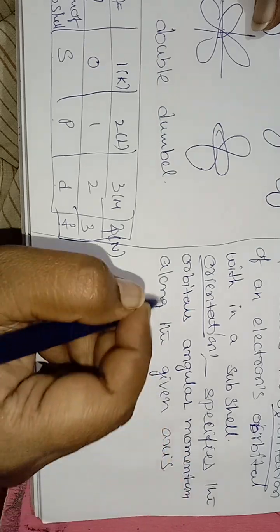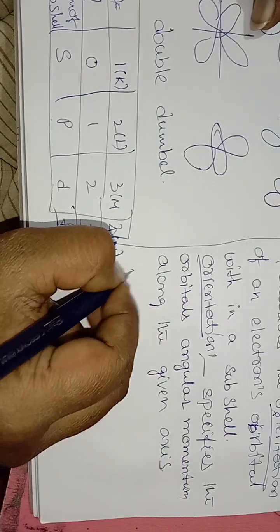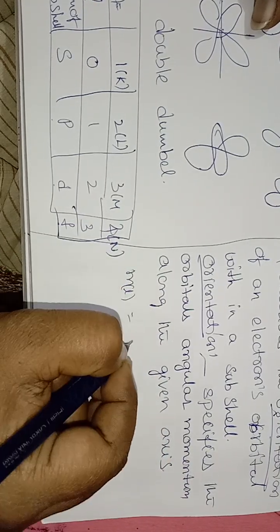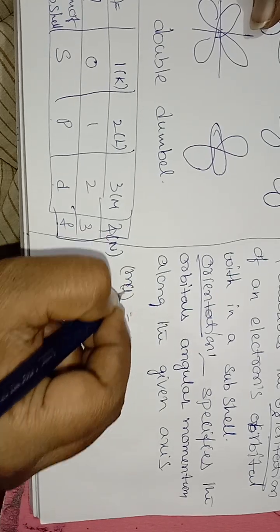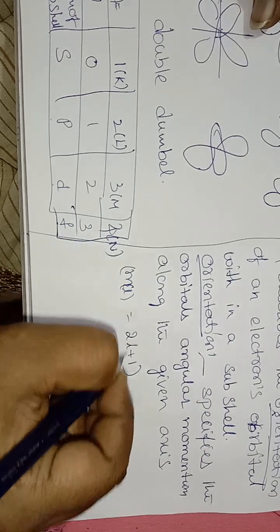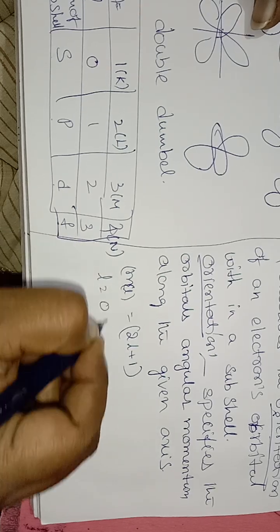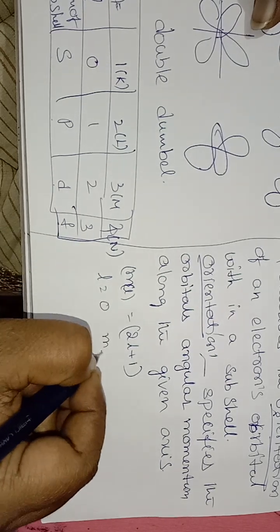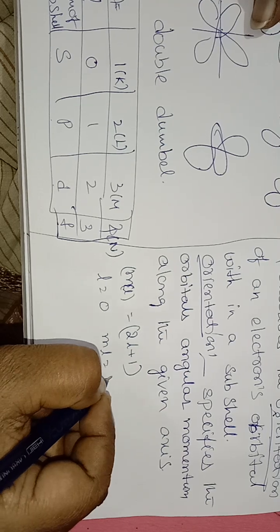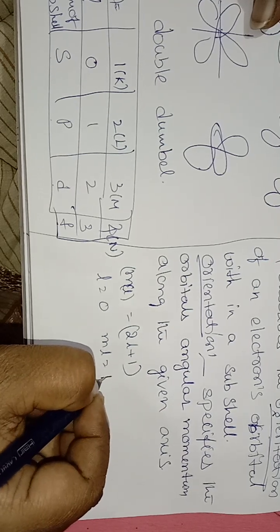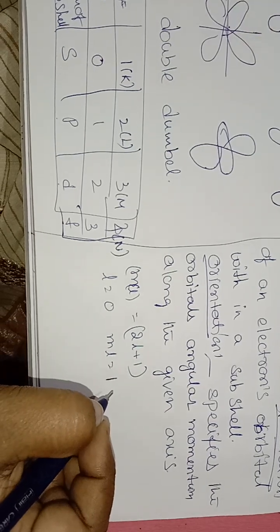So ml values are taken by the formula 2l plus 1. If L equals 0, what is the ml value? Only 1.